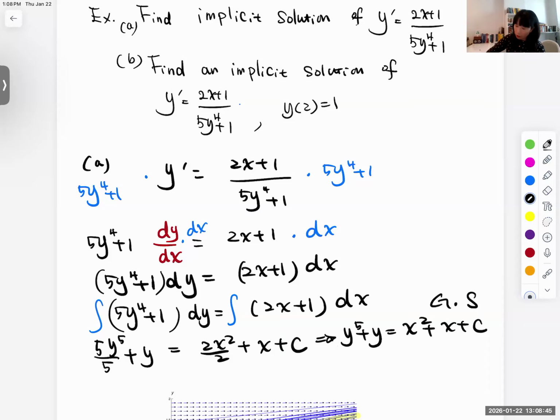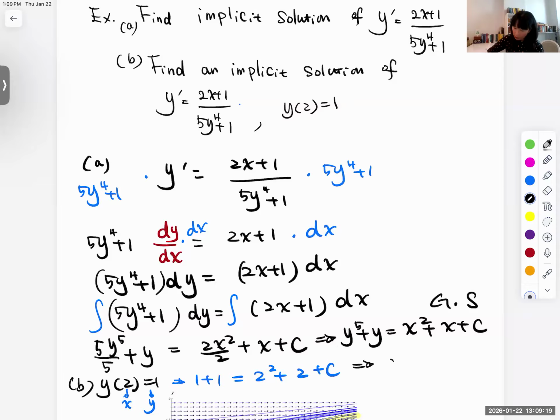So let me denote it like that. Second part, y of 2 equal to 1. So x is 2, then y is 1. So that will be 1 to the fifth power plus 1, so 1 plus 1 equal to 2 squared plus 2 plus c, right? And solve for c.